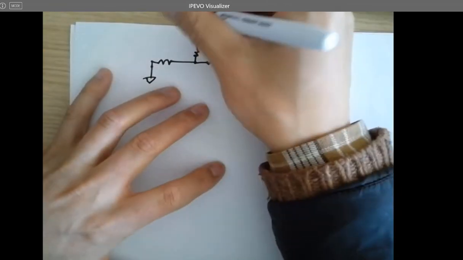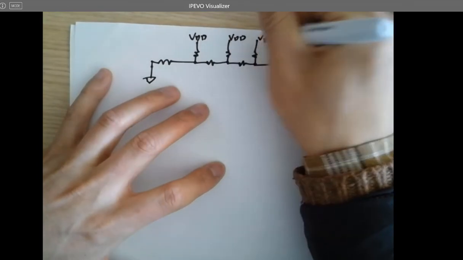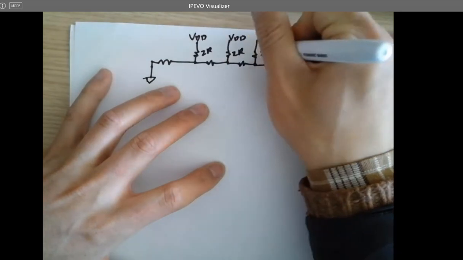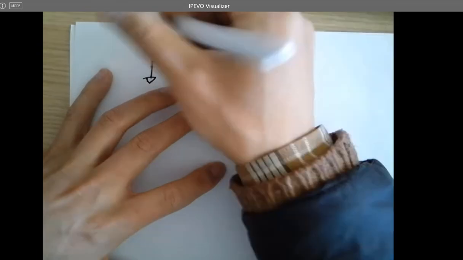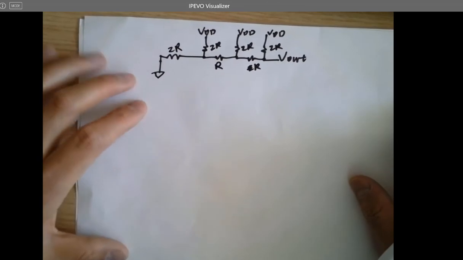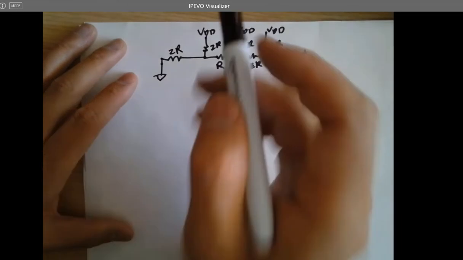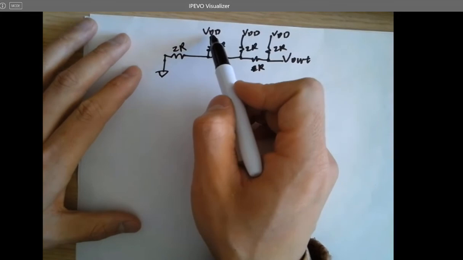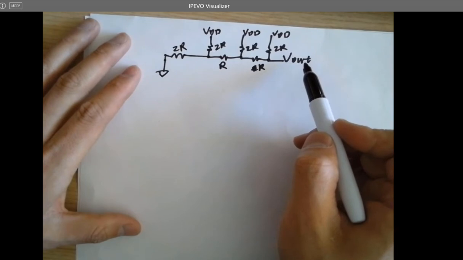And I have VDD, VDD, VDD, and here's 2R, 2R, 2R, 1R, or R, just R probably, R, 2R, all right? So a quick question, but we're going to verify it really quickly. What is this VDD contributing to this VL in terms of LSB?